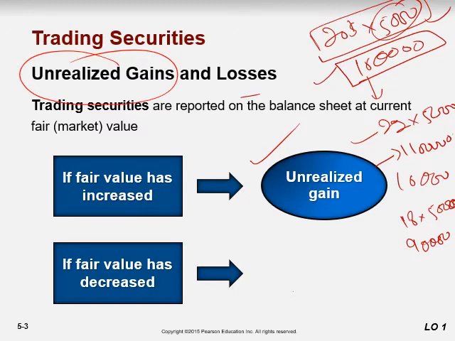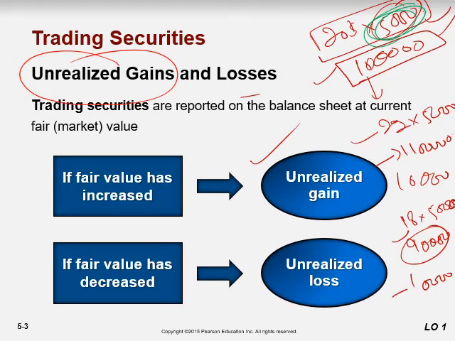So in that case, right now the value is 90,000, you purchased it for 100,000, and there is a 10,000 loss. But still you did not sell these 5,000 shares, right? If you did not sell it, we call this unrealized loss. Okay, let's move further.